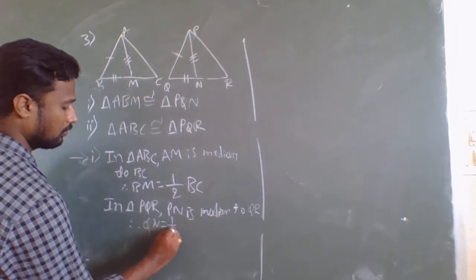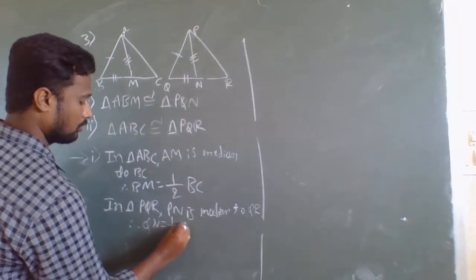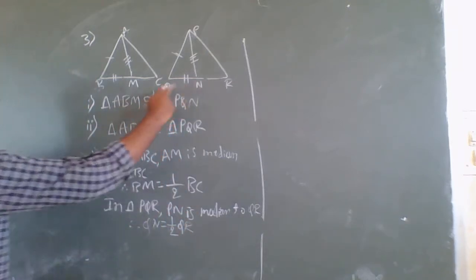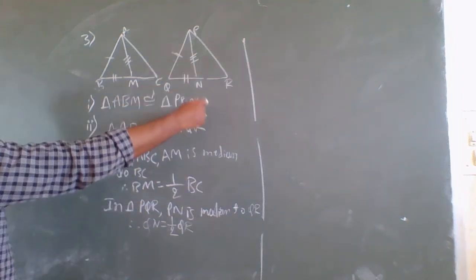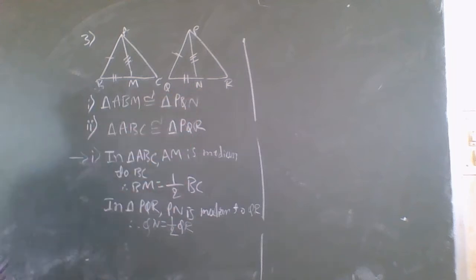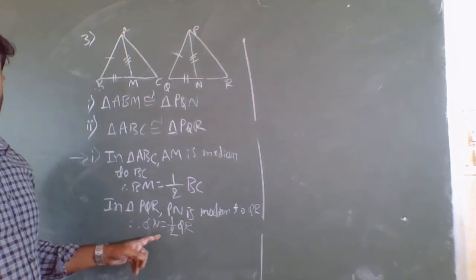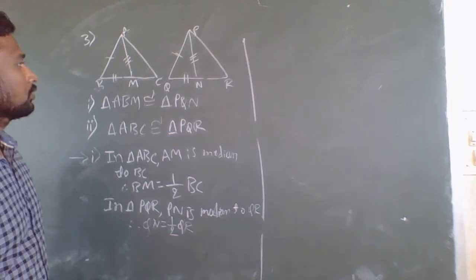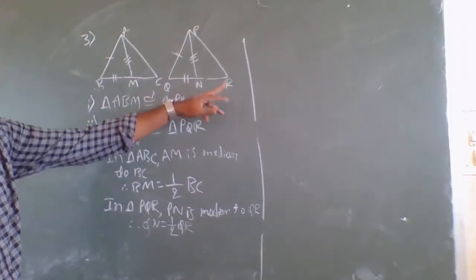QN is equal to half of QR, because PN is median to QR. So now, by using these values, we can write QN is equal to half of QR.